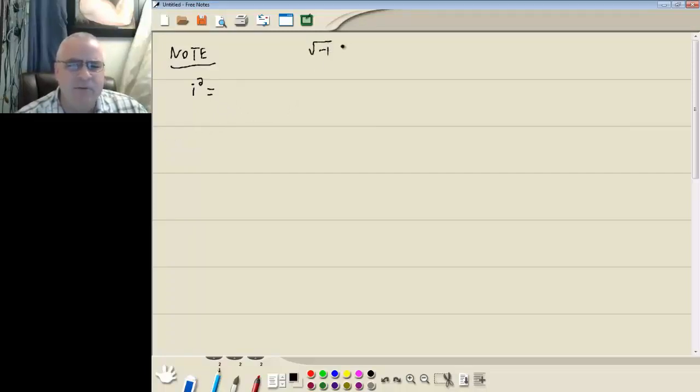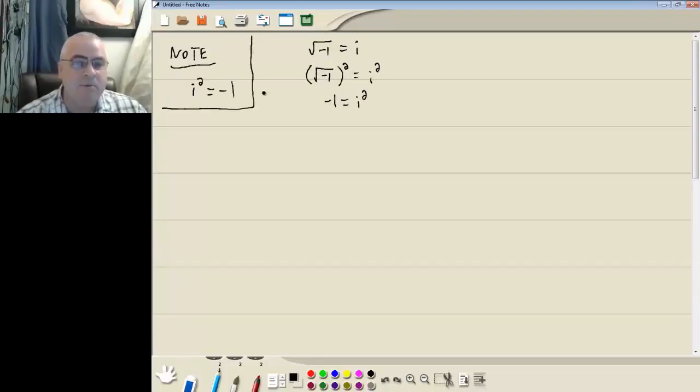We said the square root of negative 1 is equal to i. Think what happens if we square both sides. So we square the square root of negative 1, and we square the i. Again, the square root and the second power cancel, and we get i squared is equal to negative 1. So that's a second important note to remember.